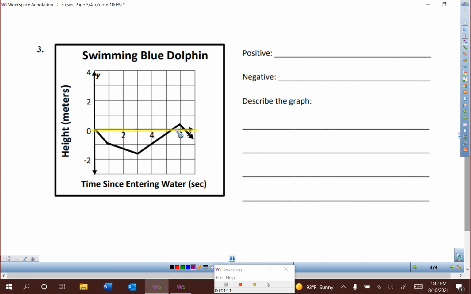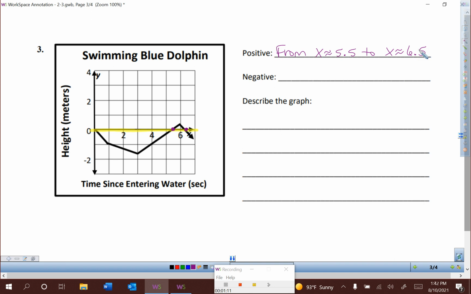So we said on our last lesson we called this about 5.5 and we called this about 6.5. We'll just kind of keep them right in the middle. So from 5.5 to 6.5 approximately, that's where it's positive. That's the only part that's above the x-axis, from x is approximately 5.5 to x is approximately 6.5.